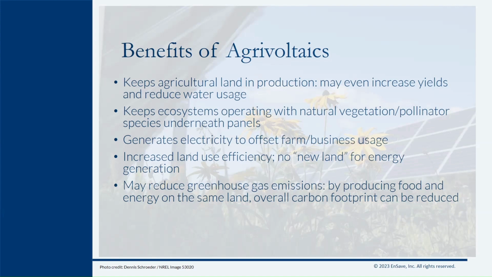The theory is that by producing food and energy on the same land, the overall carbon footprint can be reduced. On a small scale, this may be very minimal, if at all, but on a large scale, when we're looking at very large agrivoltaic systems, it can be a pretty significant decrease of that carbon footprint.